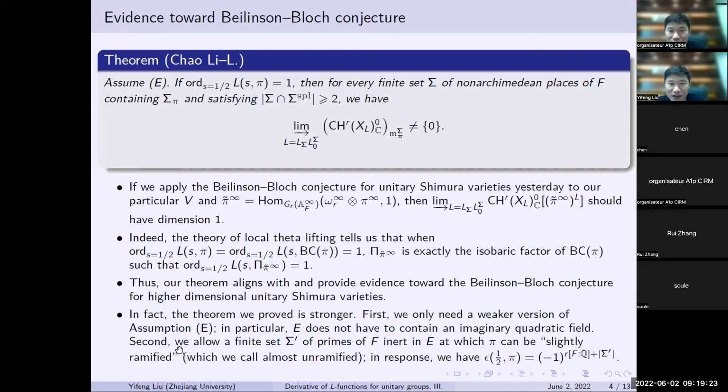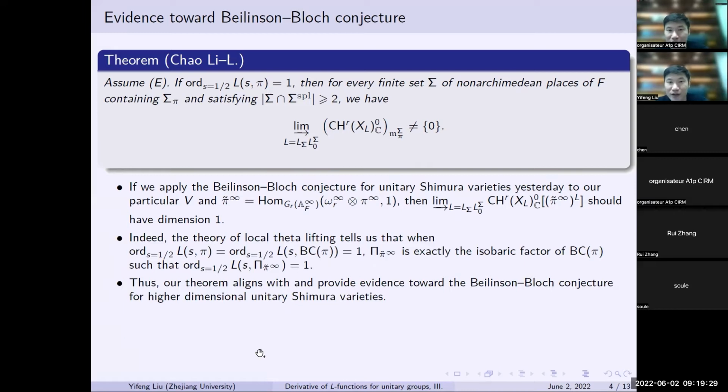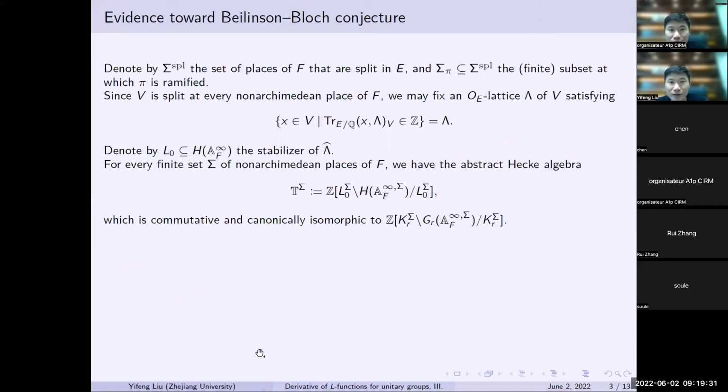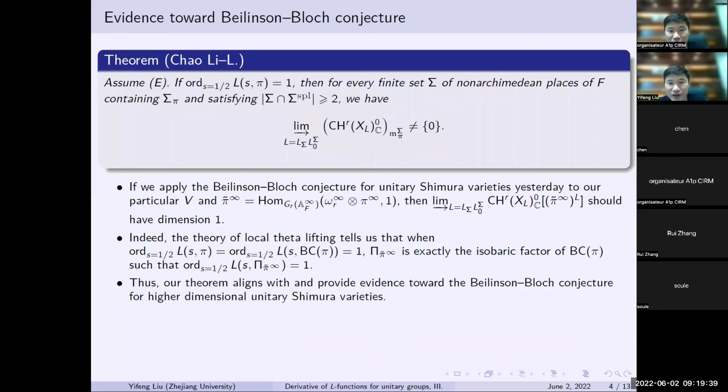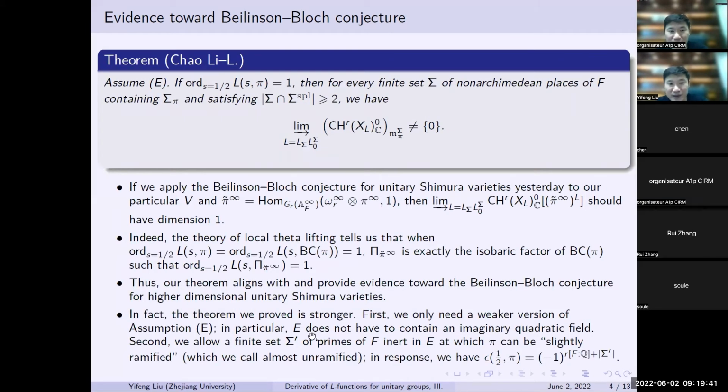The second one is more serious. We actually allow more ramification. Here, we only allow ramification at split places, but in fact we also allow ramification at certain inert places.